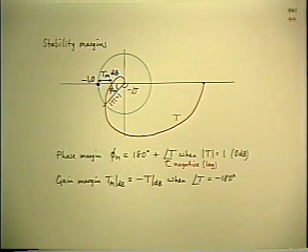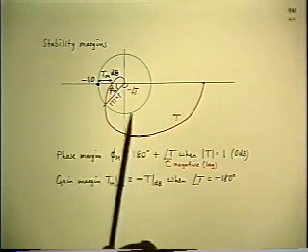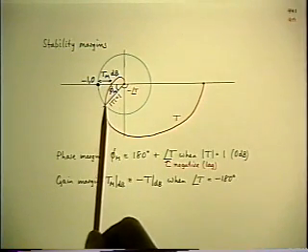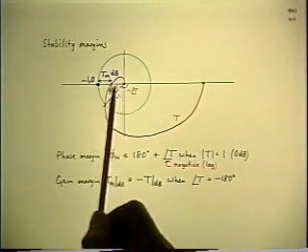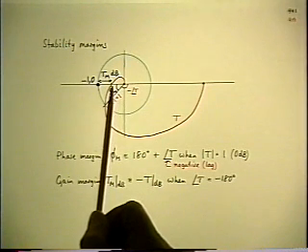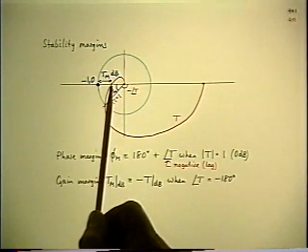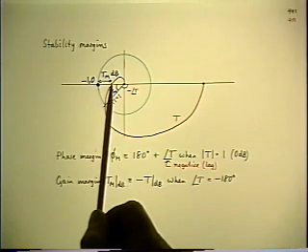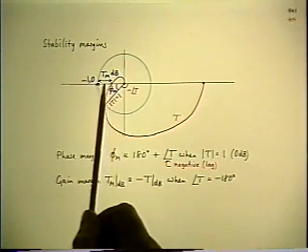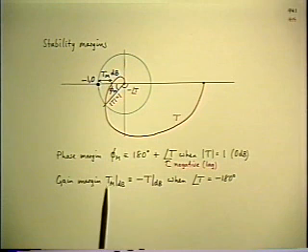That's a standard definition. There's another standard definition, which is, if you go to higher frequencies, eventually the phase lag may get to 180, but by then the magnitude is less than 1, and how much less than 1 it is by definition the gain margin.